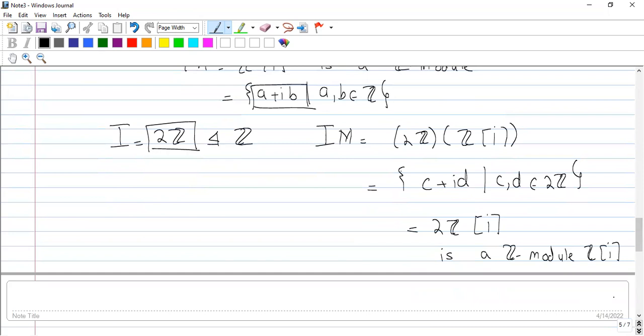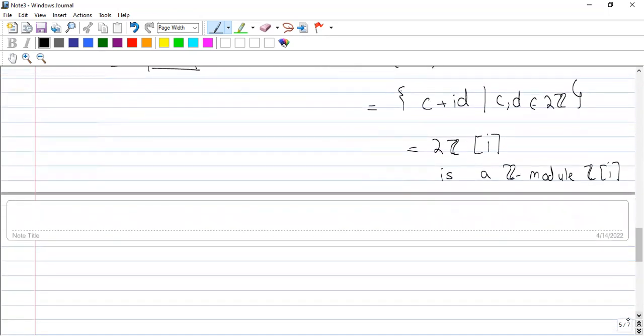Okay, now one more important submodule, which is termed the torsion submodule. Let R be a ring.